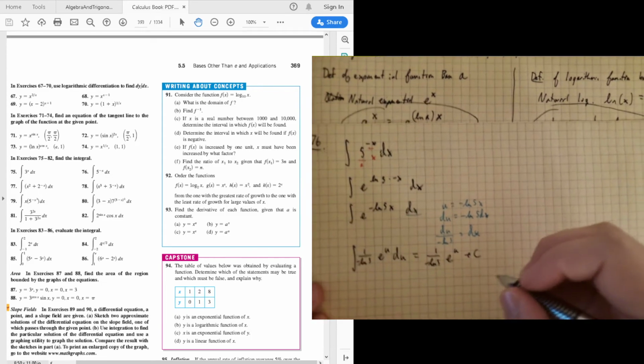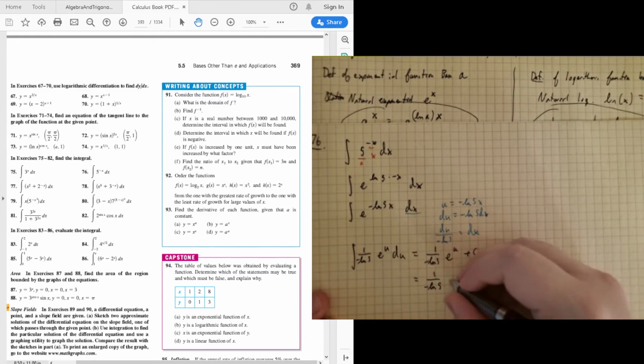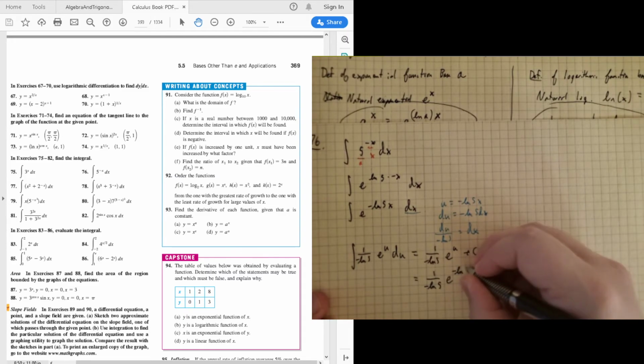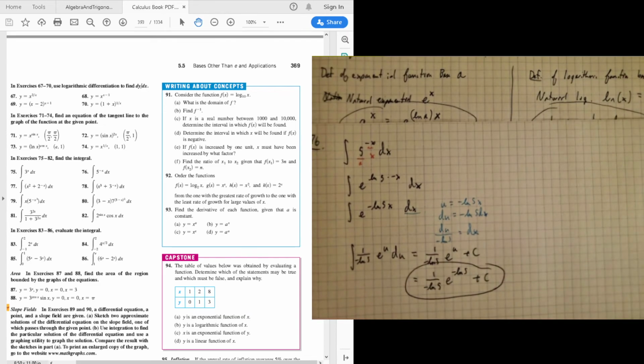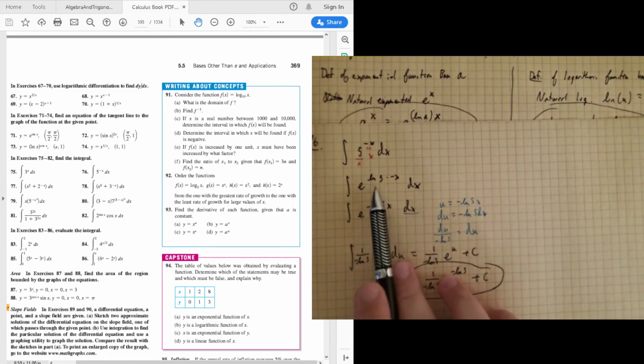And then everywhere there's a u, I just replace back. So this is equal to 1 over negative ln of 5 e to negative ln of 5x plus c. If you take the derivative of this function, you will eventually get back here, but you will have to convert it, just like we did with this one.